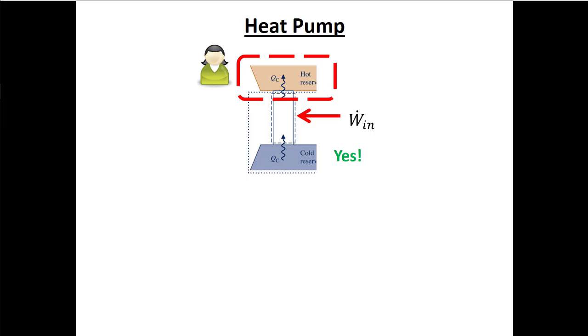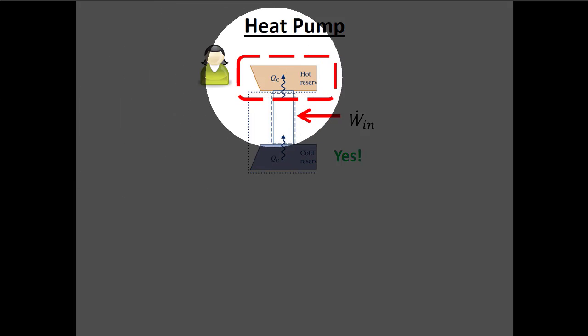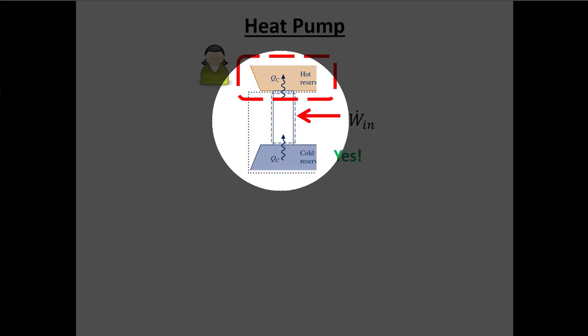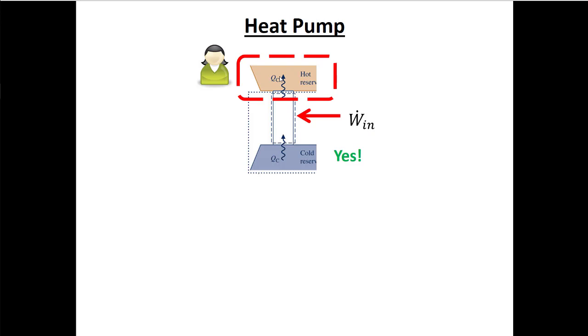So there's two different devices we'll look at that do this. One is called a heat pump, and one is like a refrigerator or an air conditioner. They're really the same thing from a physical point of view, except your point of view is different. If you're talking about a heat pump, then you're sitting in the hot reservoir, the place where heat is being pushed to.